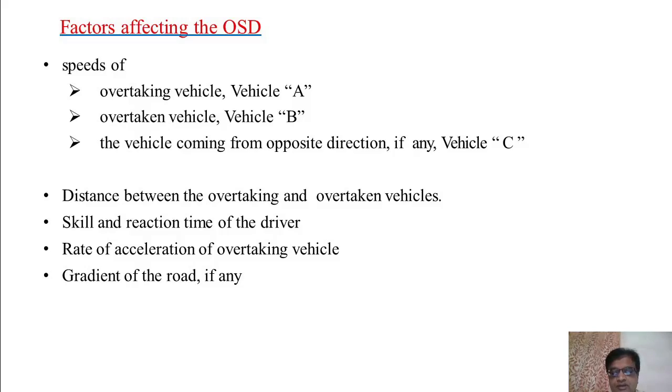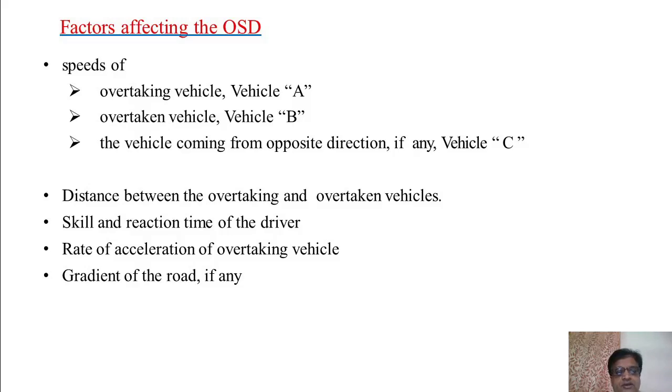Overtaken vehicle, vehicle B, which is the slow moving vehicle, and the vehicle which is coming from the opposite direction, if at all any vehicle, we call vehicle C. The distance between the overtaking and the overtaken vehicle, skill and reaction time of the driver, which depends upon age, condition, climatic condition, purpose for which the driver is traveling, all those factors.